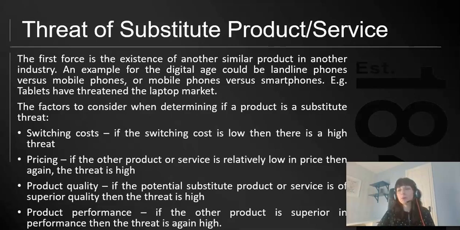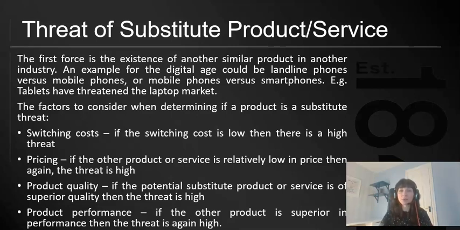So first of all, are people going to be using different products or services? And we've got a fantastic example here of people using smartphones or tablets in particular instead of laptops because they are mini computers. So if we're looking at a substitute, what we need to consider is how expensive is it to move to something else? How are they priced?